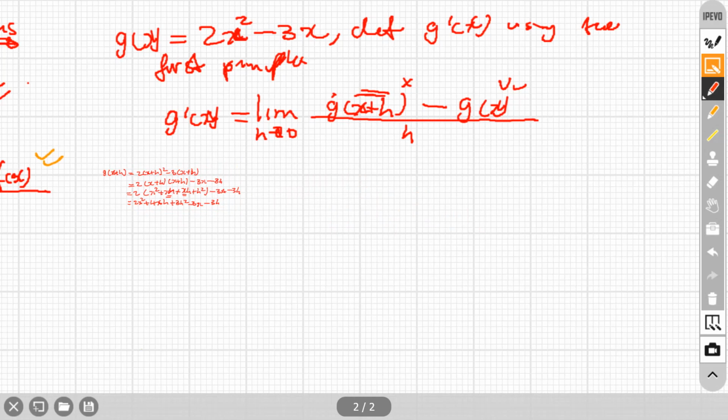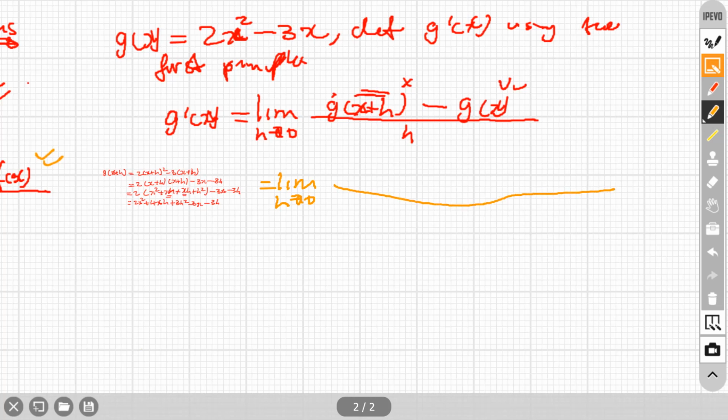So we go back to our formula. I'm going to continue on it. It's going to be equal to the lim h approaching 0, then your fraction line.